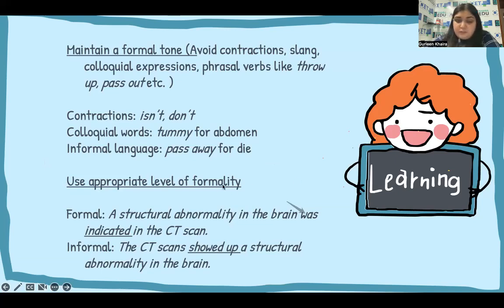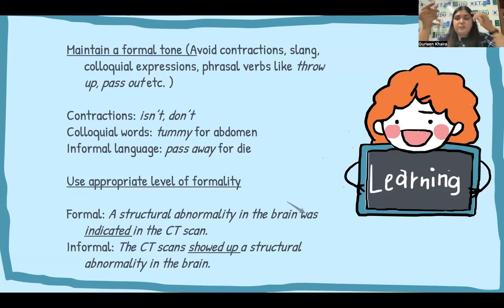Use an appropriate level of formality. Now, if you see the two examples that are mentioned on the screen, the meaning is the same. The only difference is in the word or the verb. In the first one, in the more formal variant, the verb used is "indicated." In the second one, in the informal variant, it's "showed up." So when we're writing, especially in the writing subtest, we'll go with the formal variants.